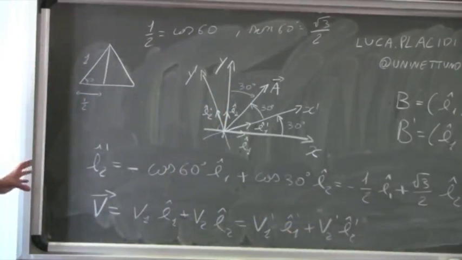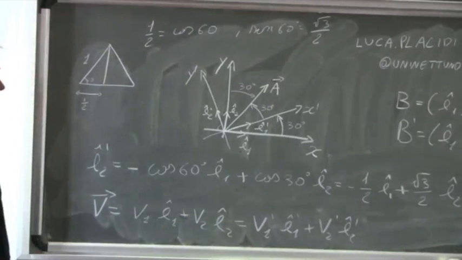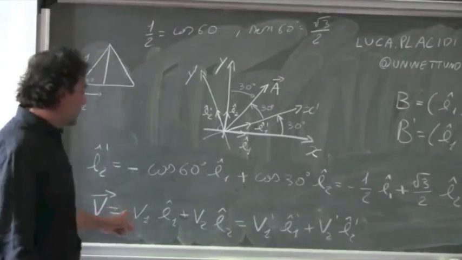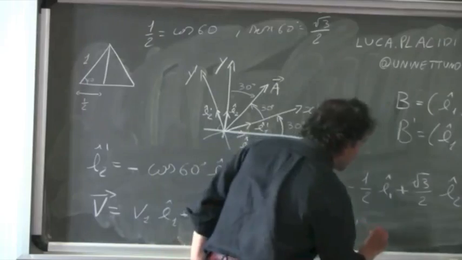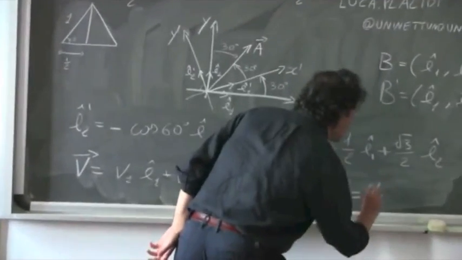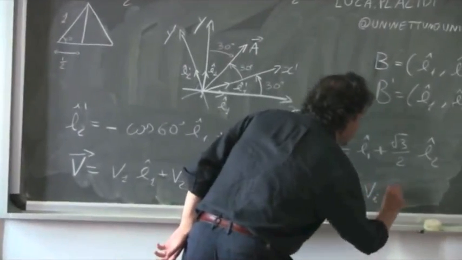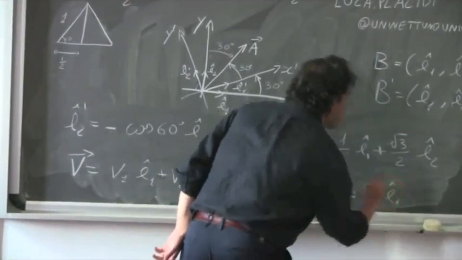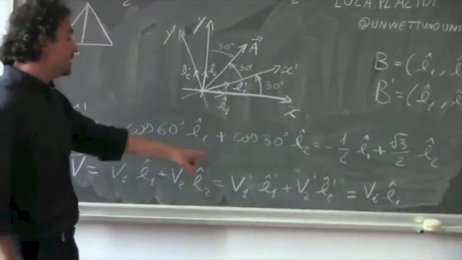Sometimes I will avoid this, but for sure the Isola will not do. He will use this notation: V_i E_i.